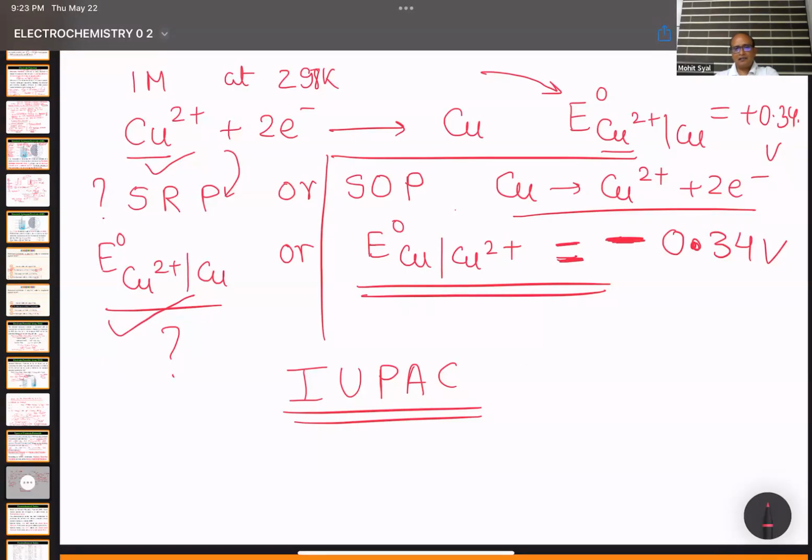IUPAC considered the standard reduction potential to be taken as the standard electrode potential. So this is the value which is chosen for the electrode potential for copper. Got it?